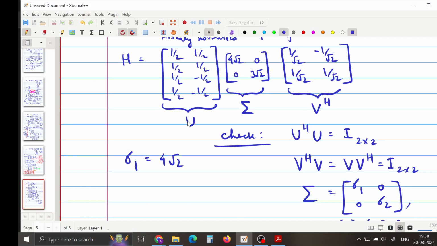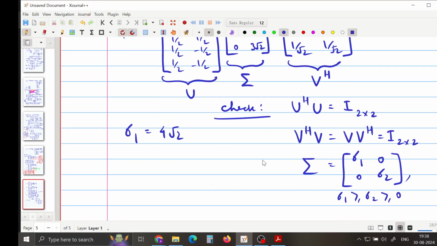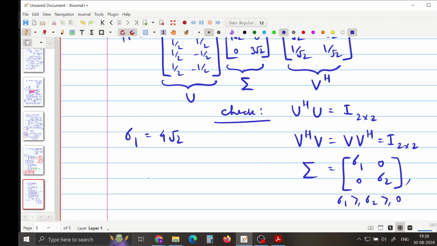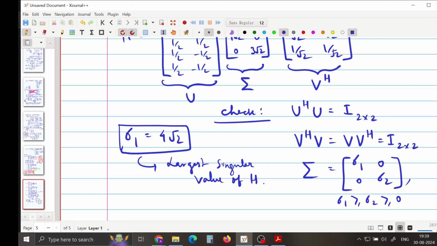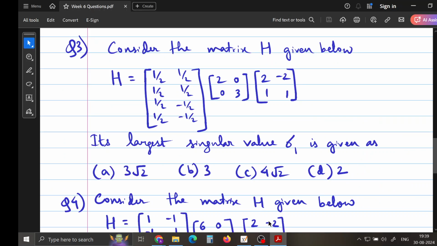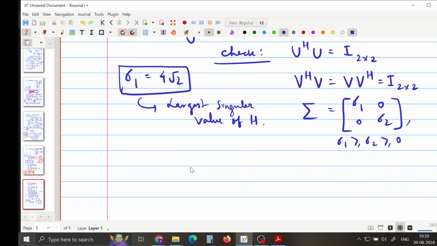Since they are arranged in descending order, sigma 1 is the largest, so this here is the largest singular value of the matrix H. 4 root 2 is the right answer, which is option C. So my correct answer is option C.